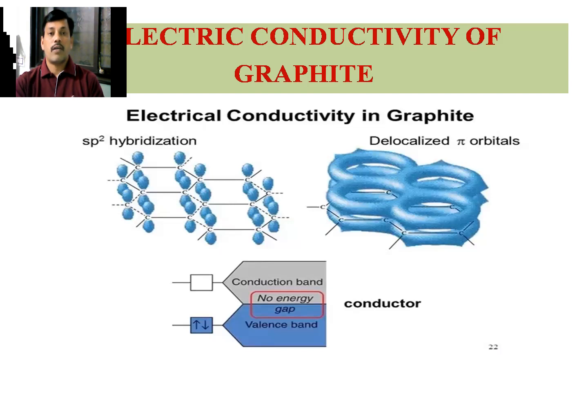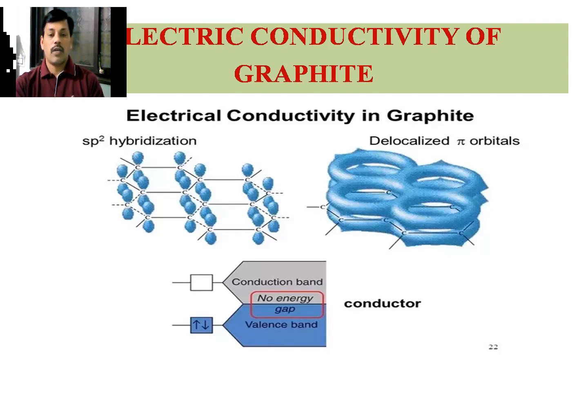This pi electron is a delocalized electron. Due to this electron only, graphite is a good conductor of electricity. This pi electron exhibits electronic properties. Here in this picture we see graphite is a good conductor.